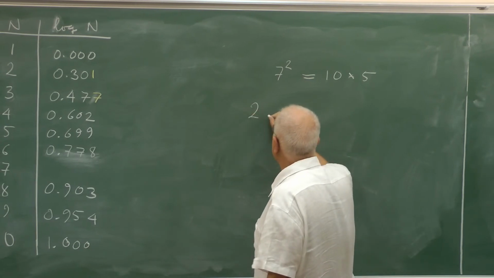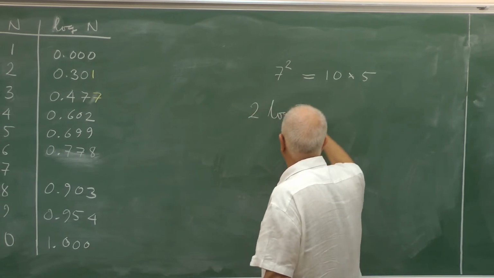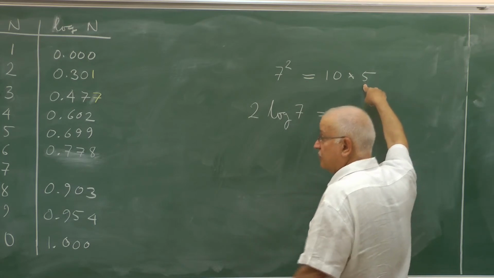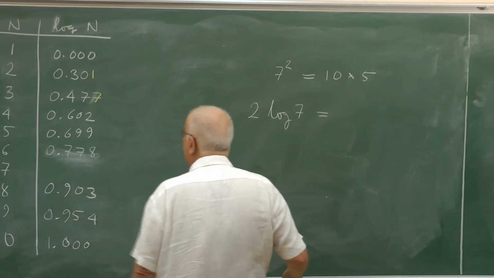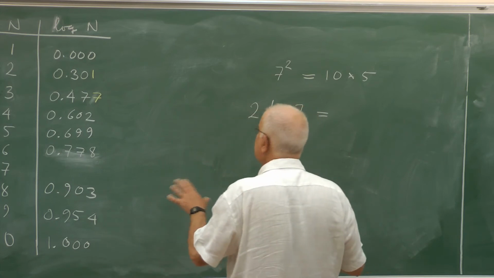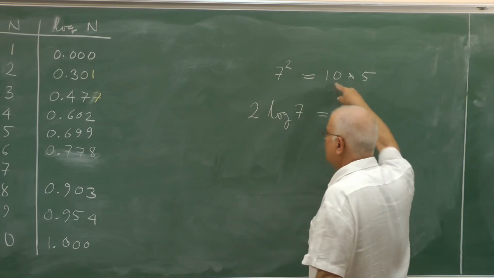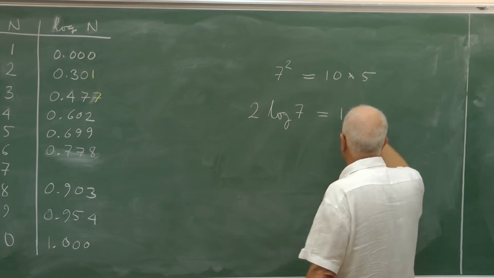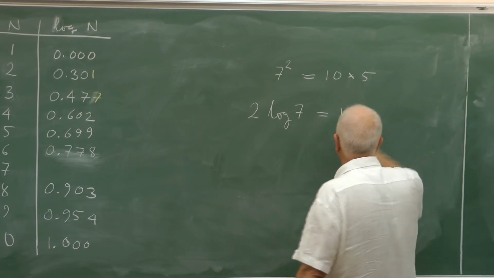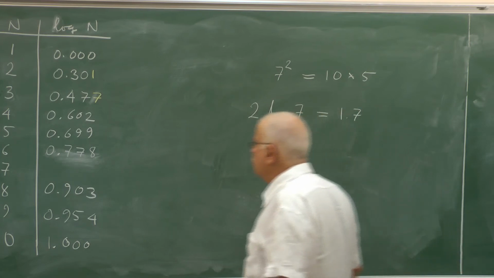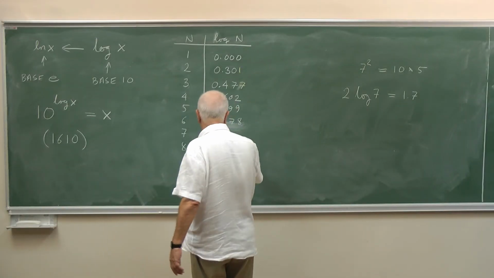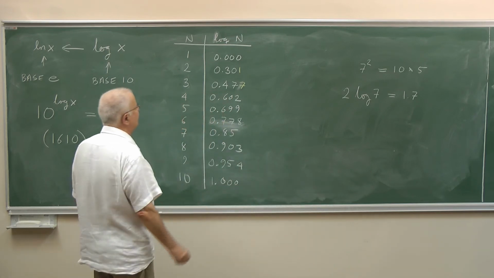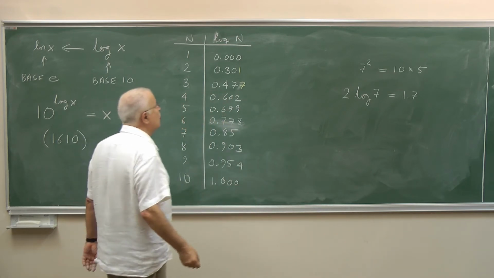So 2 times log 7 will equal logarithm of 5, which is 0.699. Add 1 from the 10, 1.699, but this is approximate anyhow, so let's call it 1.7. Therefore, 0.85 is a good enough thing. So these are the logarithms.